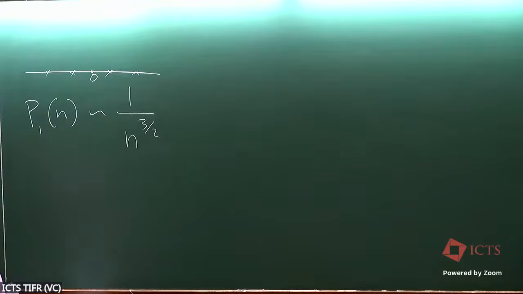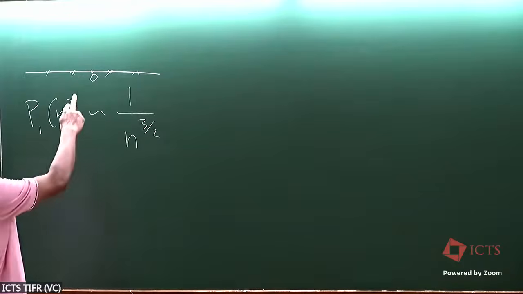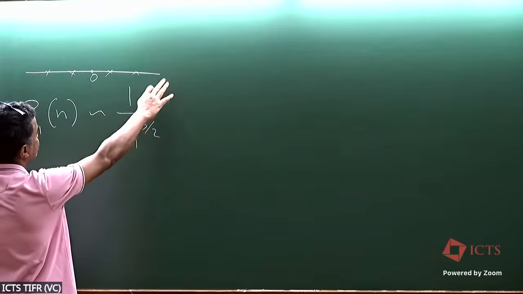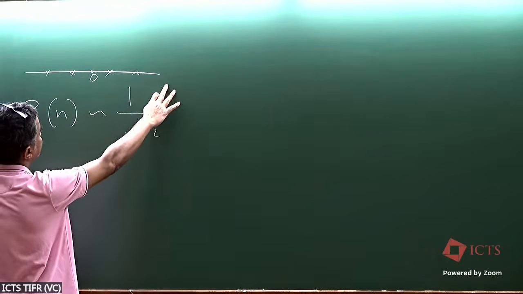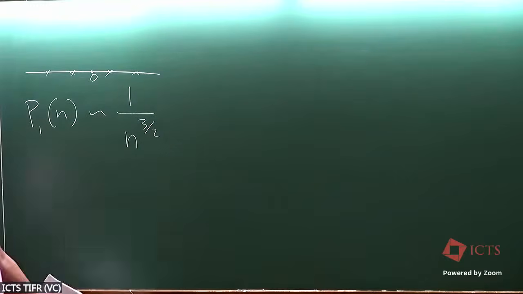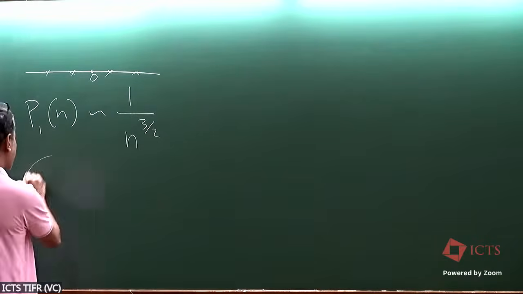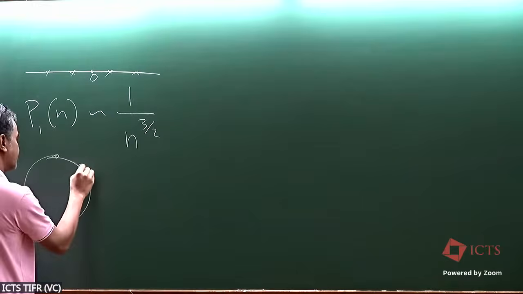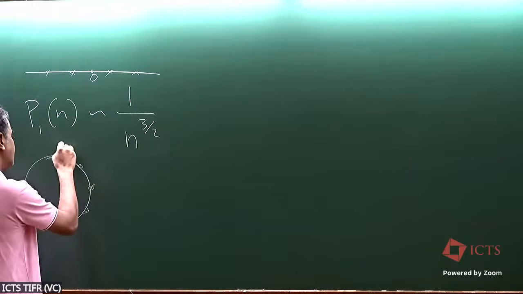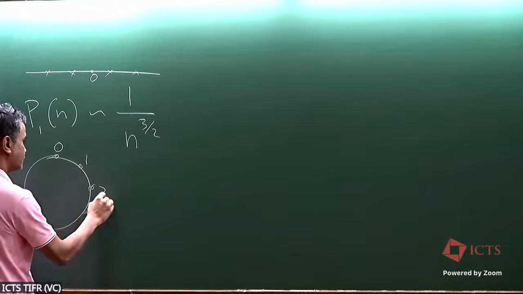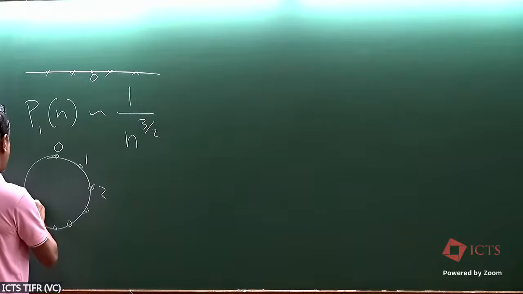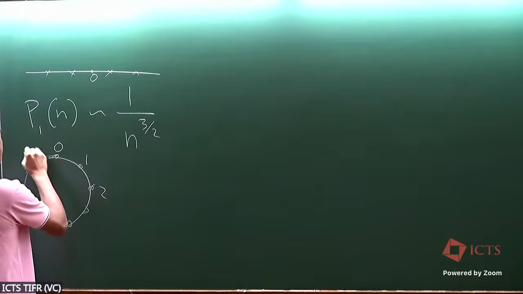When you do this on the computer, of course, you'll usually do it on a finite lattice. Supposing you are solving this problem on a ring, with sites 0, 1, 2, and so on.